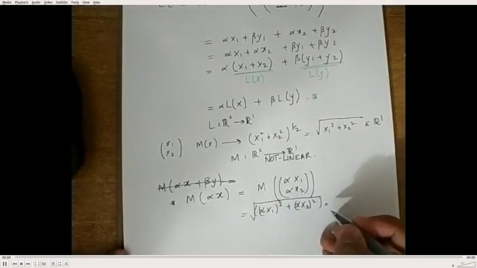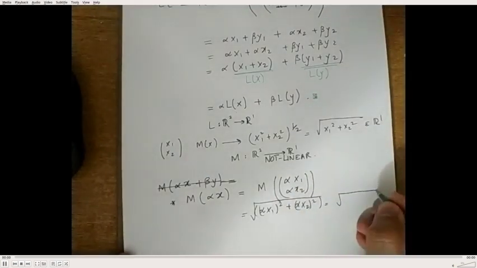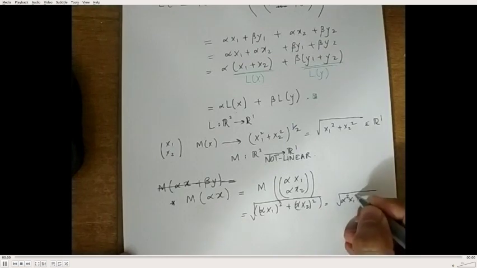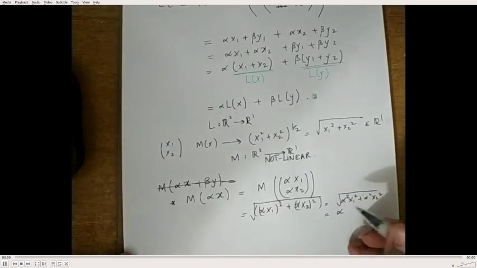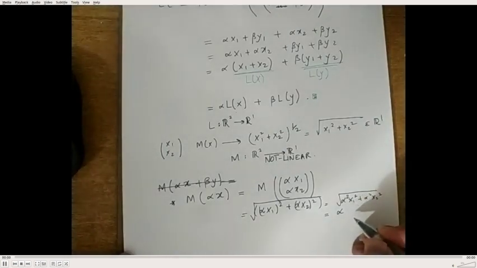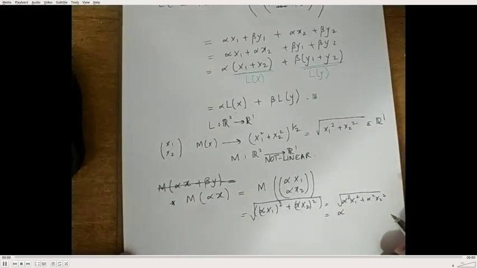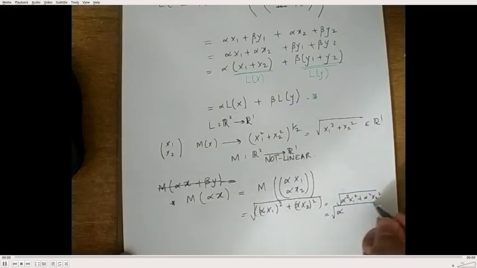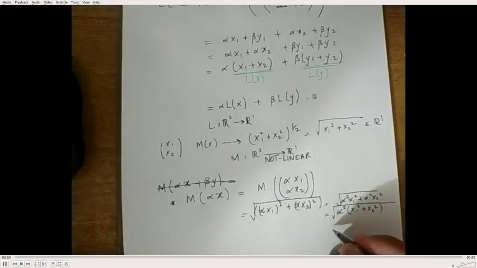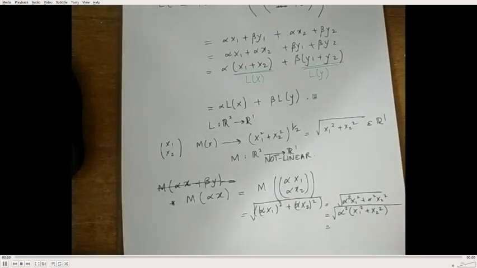And you get square root of alpha squared x1 squared plus alpha squared x2 squared. Am I doing this correctly? Yes. So alpha squared times x1 squared plus x2 squared, and this should give you alpha.